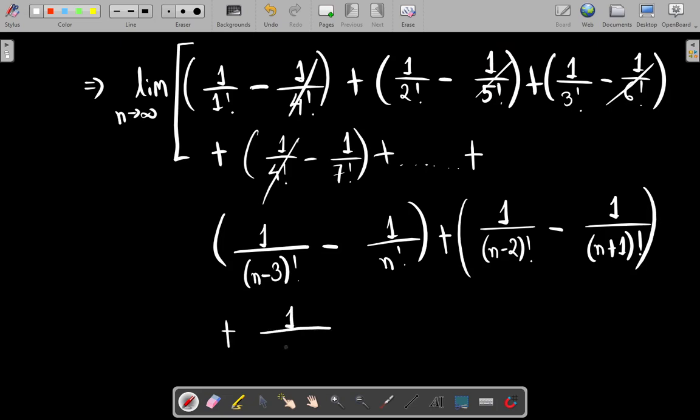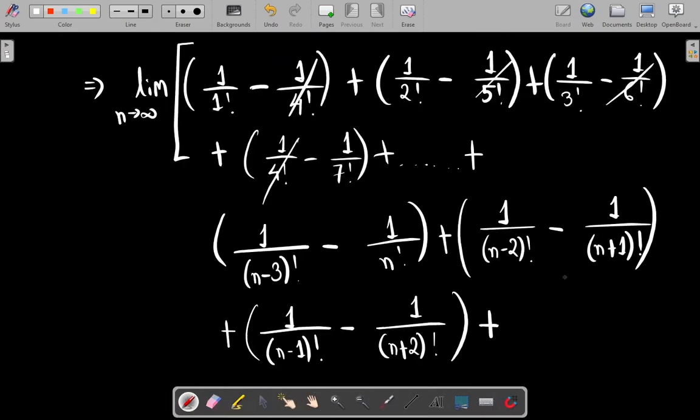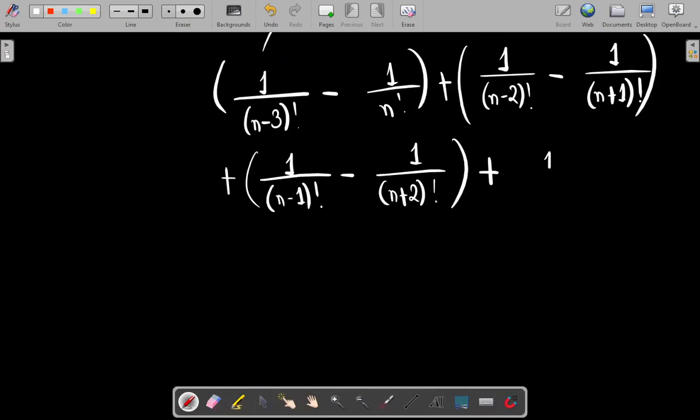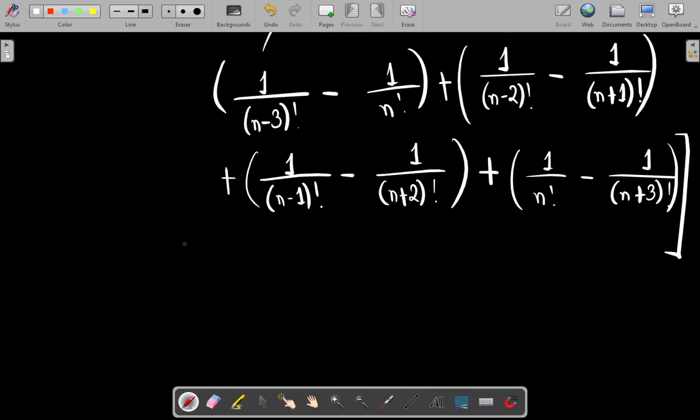The term after that will be 1 upon (n minus 1) factorial minus 1 upon (n plus 2) factorial. And then the very last term, for k equal to n, will be 1 upon n factorial minus 1 upon (n plus 3) factorial. So this is the complete sum, and this is equal to p by q.